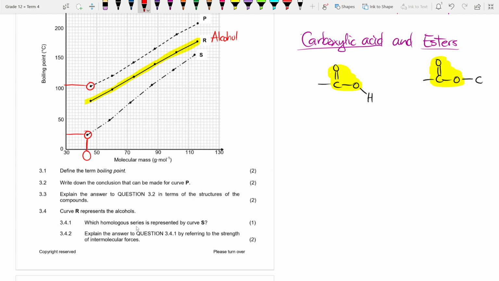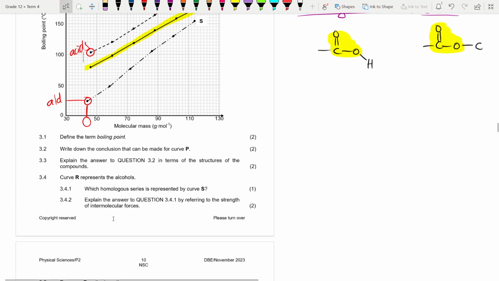You should be able to identify whether this is a carboxylic acid or an aldehyde. Same applies to this one. Is it carboxylic acid or aldehyde? Which one will have the lower boiling point between aldehydes and carboxylic acids? Aldehydes. Okay, so aldehydes will be represented by those, and carboxylic acids will be represented by that one. Okay, cool. Then we move on.